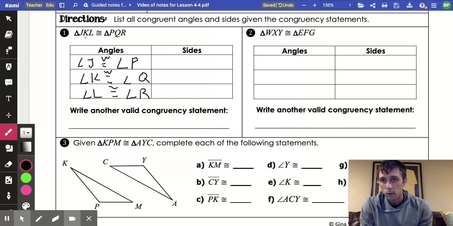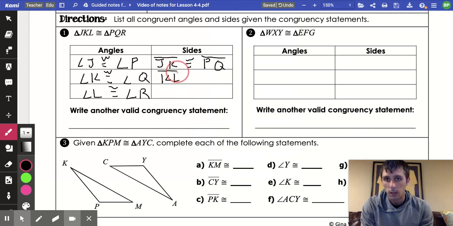Now, we need to do the sides. So, JK would be the first one, the first two letters. JK is congruent to what? What's the first two in the next one? PQ. All right. Then the next two, KL, are the last two.